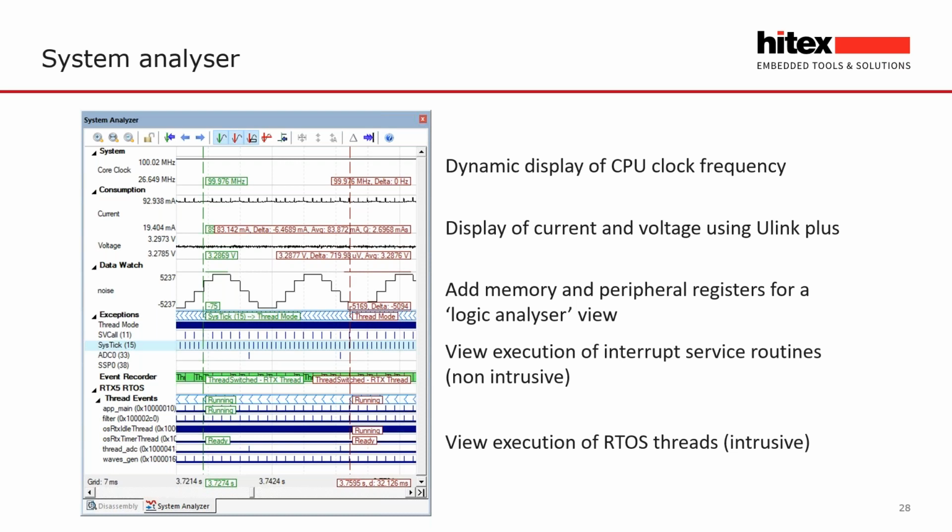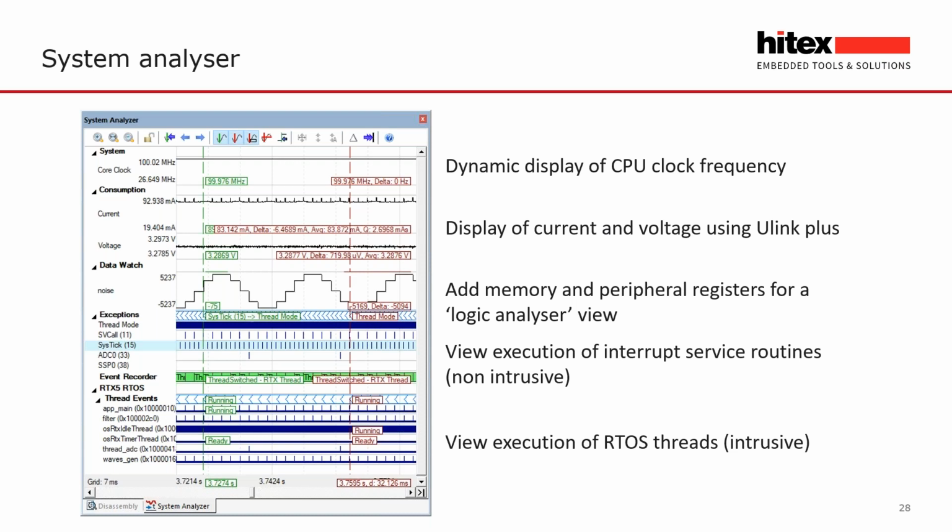Here we have a view that shows the runtime of each thread, how often they occur. It's also useful to look at the amount of time being used by the idle thread, as that gives us a very good idea how much spare processor time we have.